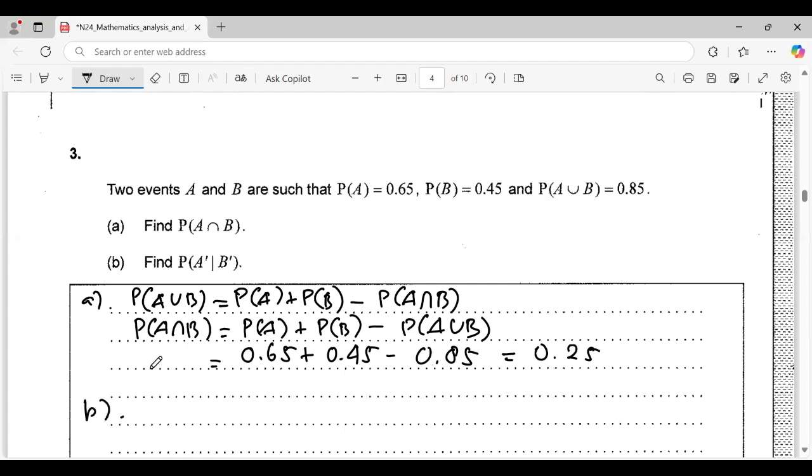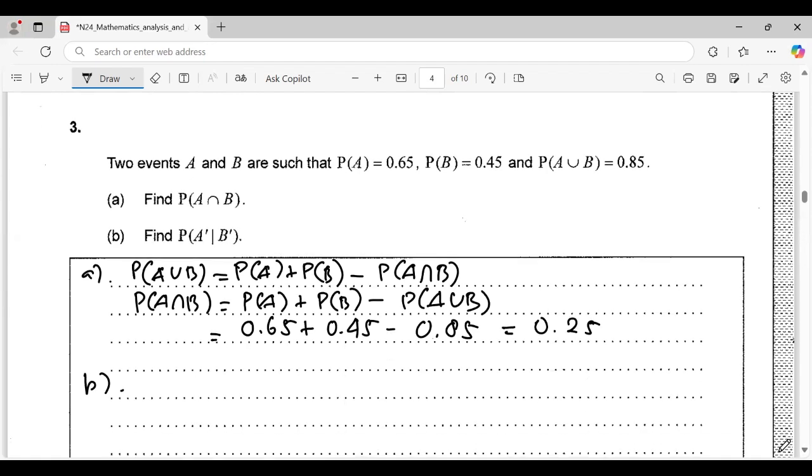Next, part B. B is this one. The conditional probability of A complement given B complement. So we need to find the probability of B complement first. It's 1 minus probability B, 1 minus 0.45, which is 0.55.